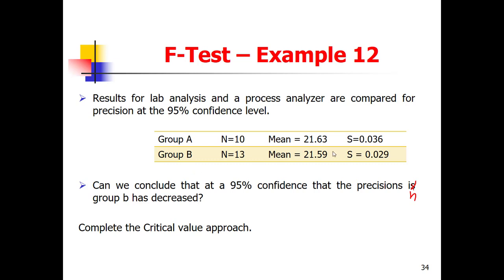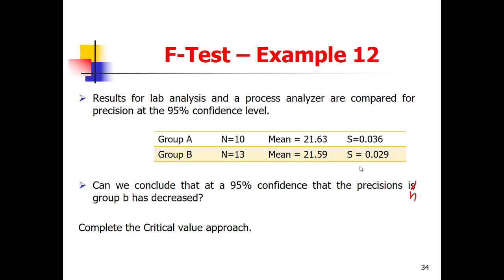You see that the standard deviation in group B is less than the standard deviation in group A. Standard deviation is a measure of precision of our data or measurement. So can we say only by this data that we have that the precision has decreased or not? Because the standard deviation has decreased, can we say with 95% confidence level that precision decreased or not?